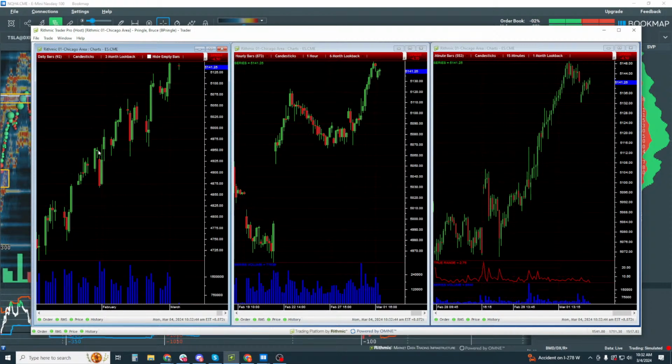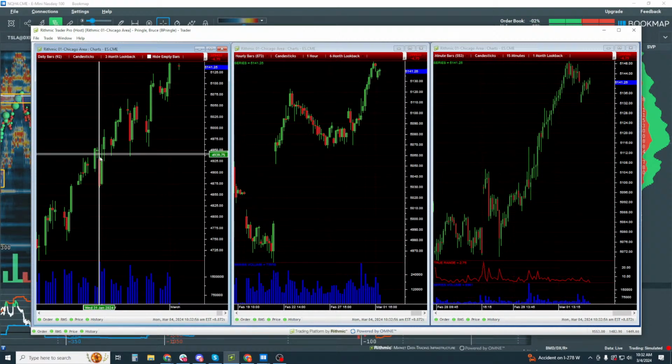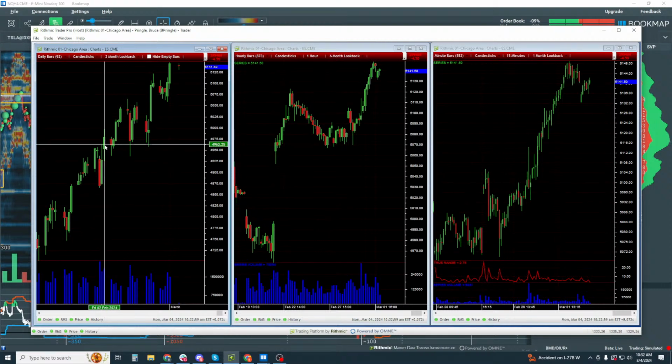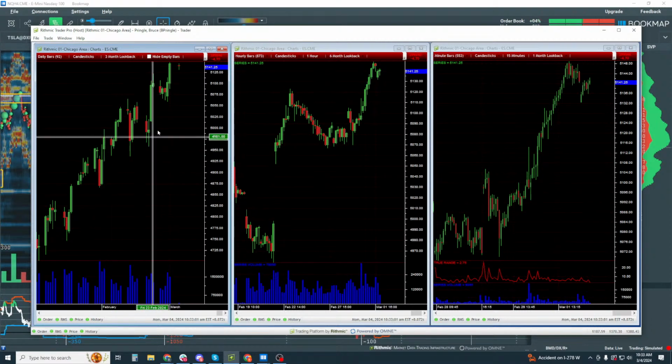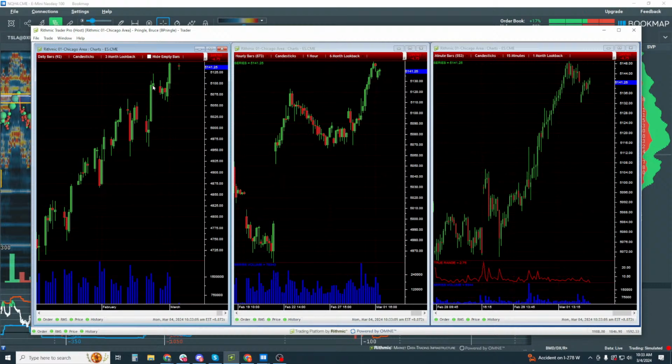Here's the inside day and here's the move lower. Then you got buyers and an outside day that chopped again, and then the breakout, and all of this action basically stayed contained within this area until we had the breakout here.